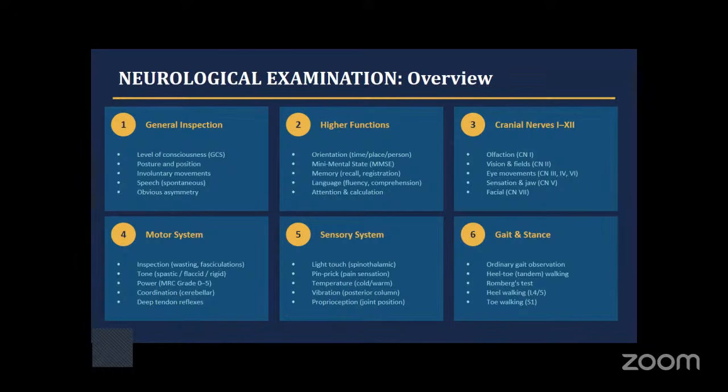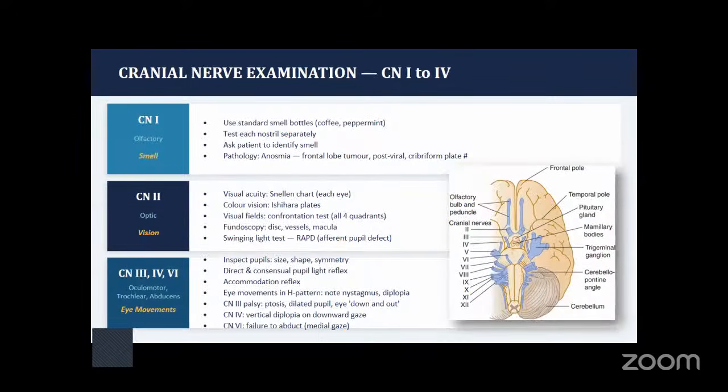If the patient can walk, we will assess their gait, heel to toe, Romberg test, heel walking, and toe walking. So for the cranial nerves, it's important to assess all the cranial nerves during your examination and to report any deficits.